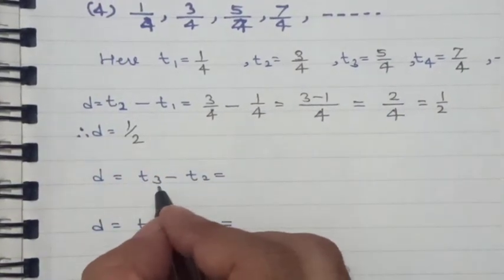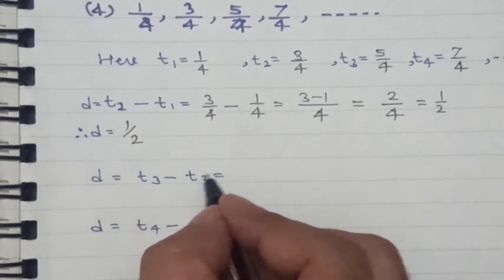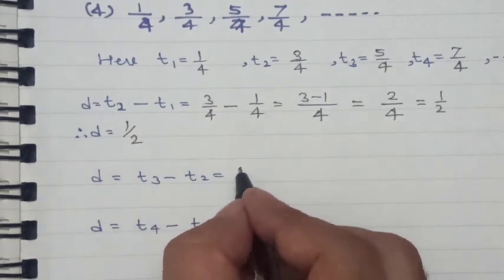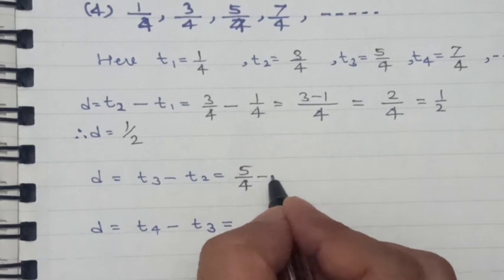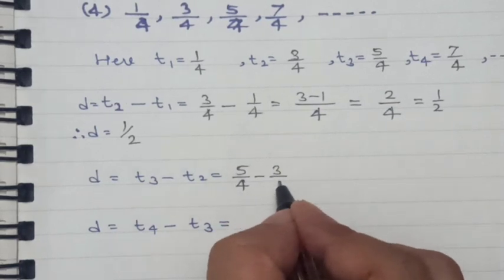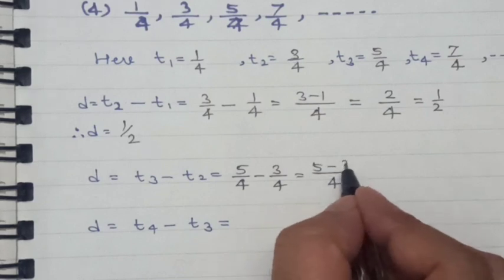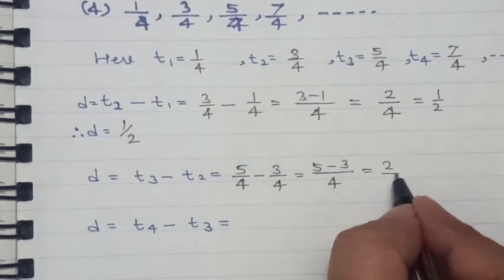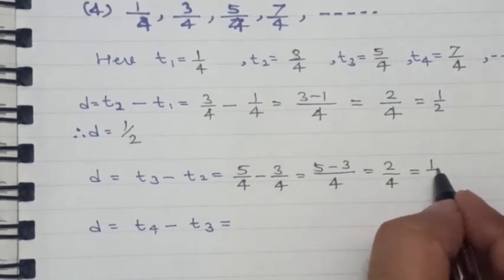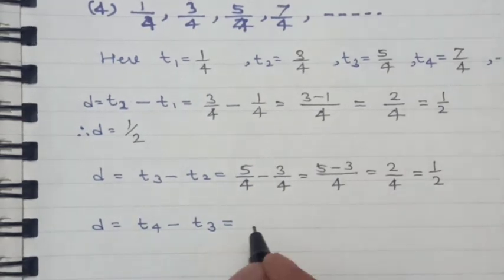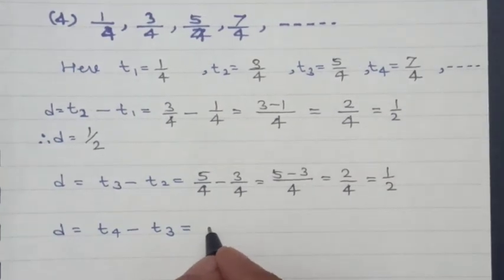Now let's find out T3 minus T2. T3 is 5 upon 4, T2 is 3 upon 4. So your LCM is 4. 5 minus 3 will give you 2 upon 4. Again it is 1 upon 2. Same way, T4 minus T3.